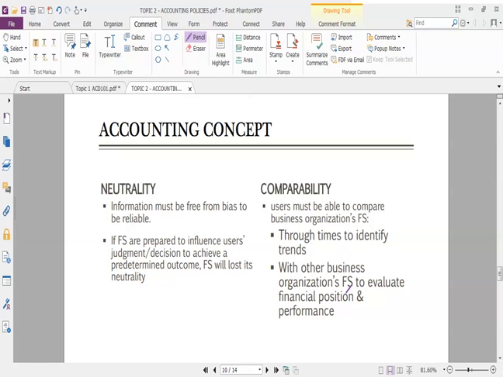So that's why the accounting concept is comparability. You can analyze, and then identify which company has a better and more stable business. That is comparability.